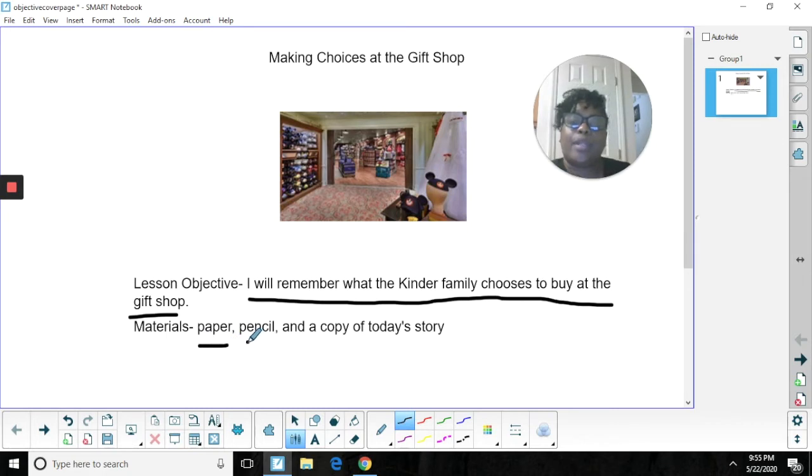Paper, pencil, and a copy of today's story, okay? And a copy of today's story is right under the video lesson. There's a link to the copy of today's story, and if I add any other additional materials, they will be there as well, okay? So we have to remember what the Kinder family is going to buy at the gift shop, okay? So I want you to be thinking about that as we go through our lesson today.